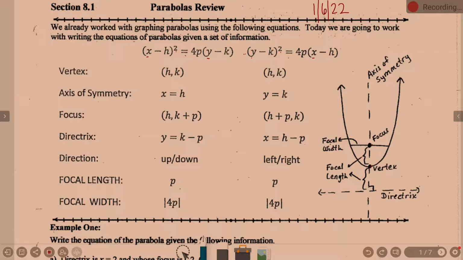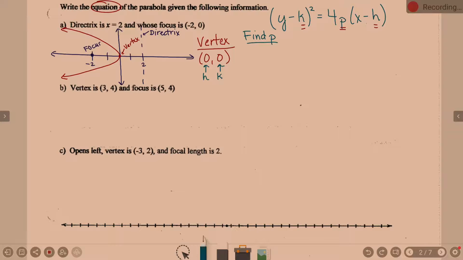In our chart, what did it say about P? P is the focal length. Where is the focal length? It's a distance from focus to vertex or vertex to directrix. What is our distance from vertex to focus or vertex to directrix?